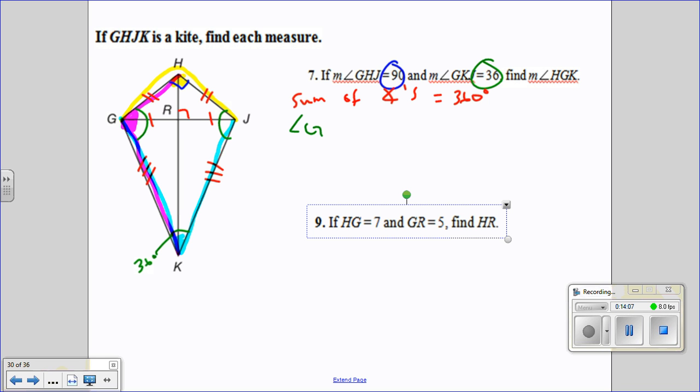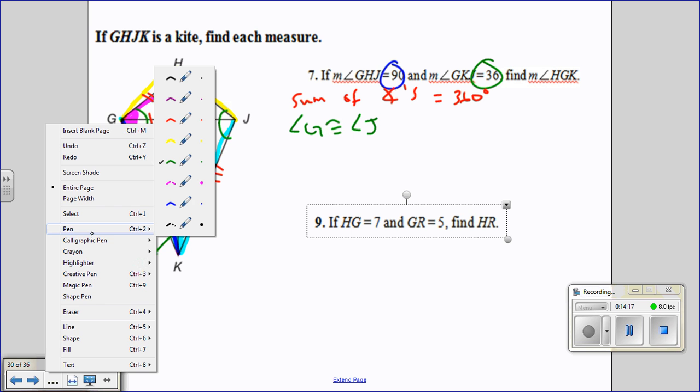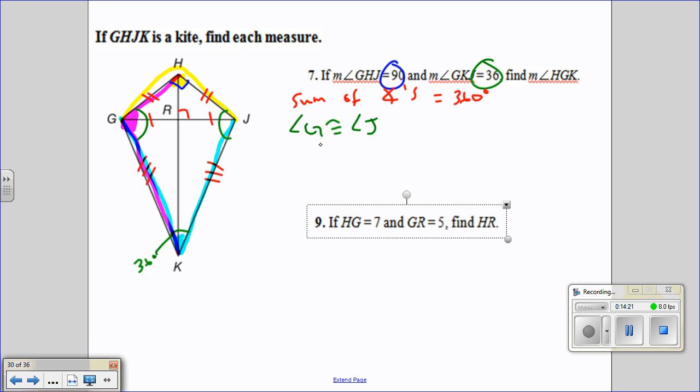Angle G is congruent with angle J because that's what kites do. So that helps me a whole lot when I'm finding angle G because if I call both of those x, so x plus 90 plus 36 is going to give me 360.